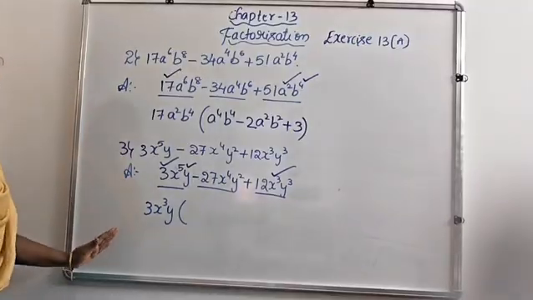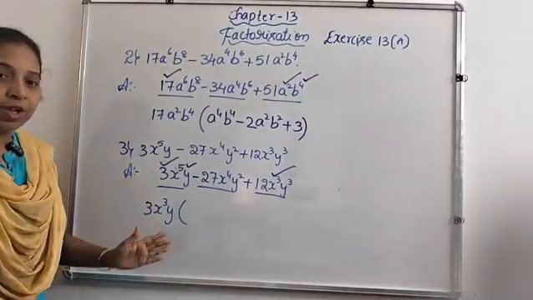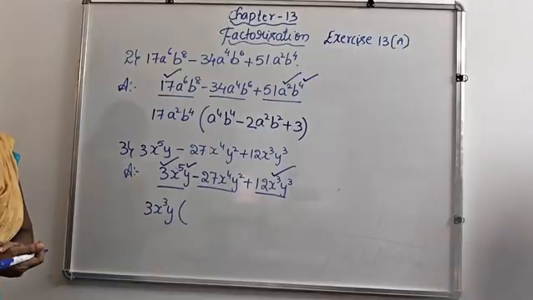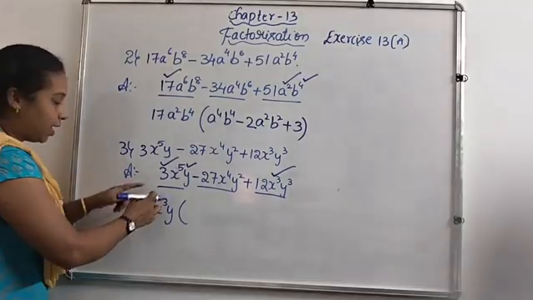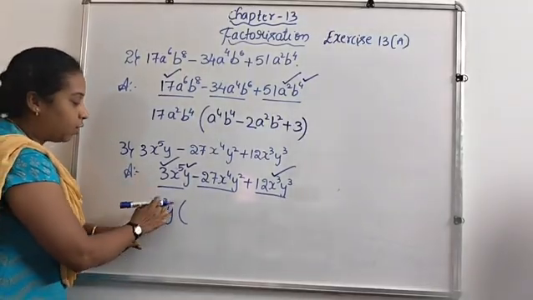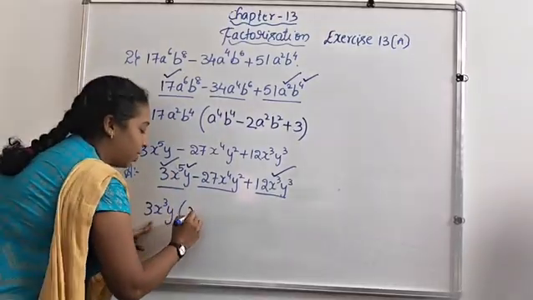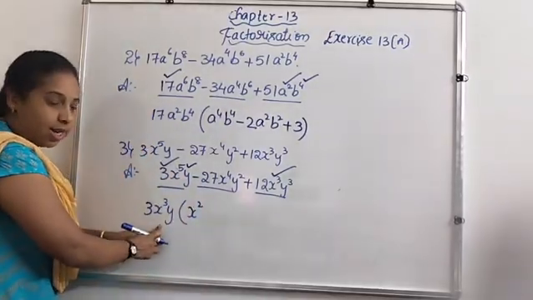If I take this as common, which will be the remaining terms? 3 has taken x cube, remaining is x square. y I have already taken.